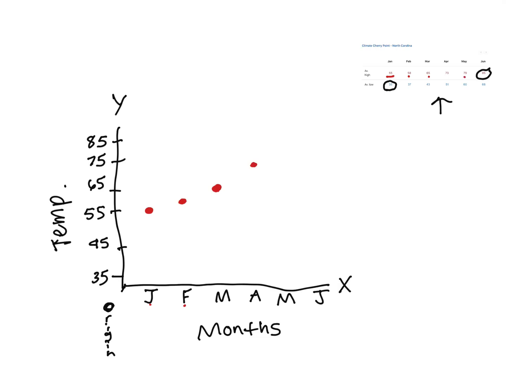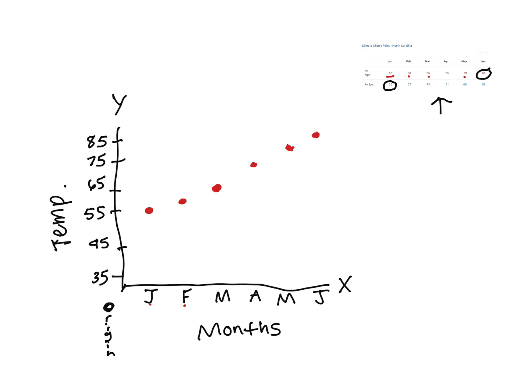May is 79, so that's going to be almost right directly in between 75 and 85. So that's about 79 there. Oh, that's actually a little high. Let me erase it. That was a little bit too high. Go back. And here. It looks a little better. And last but not least, June was at 85, and that was my very top one.